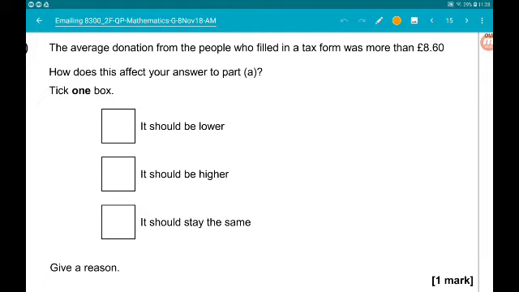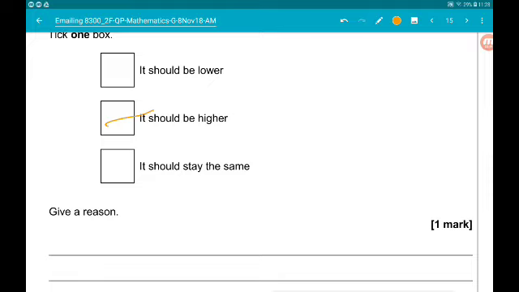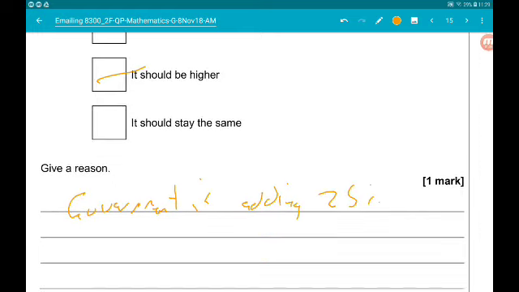So, if these people's average was higher, the government is adding more money, so it's going to be higher. And that's because the government is adding 25% to more money. Cool.